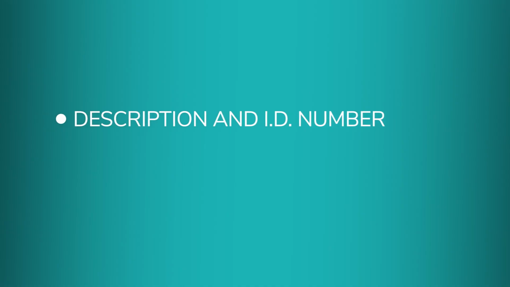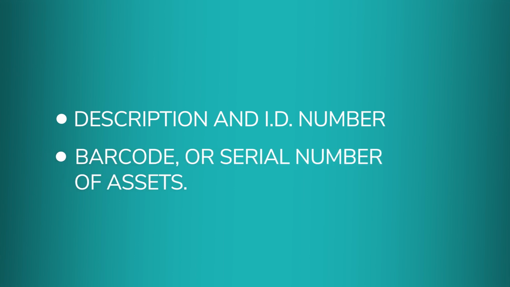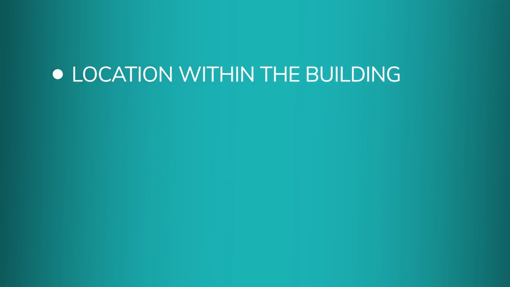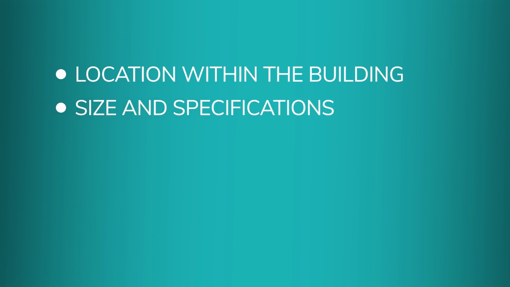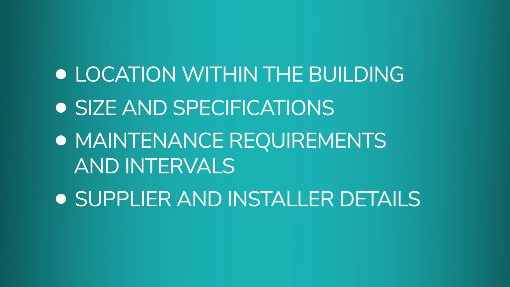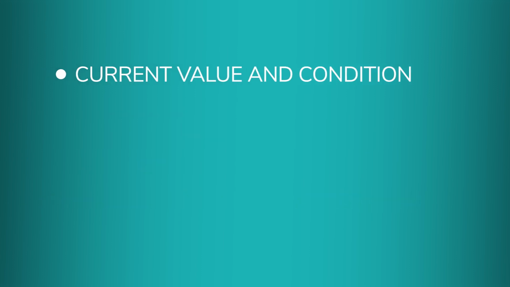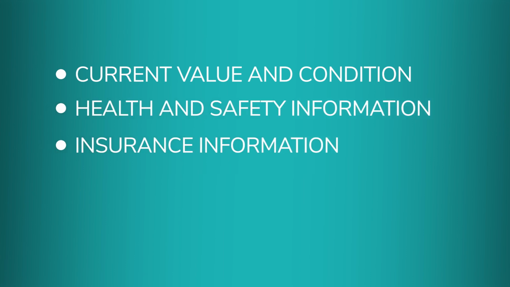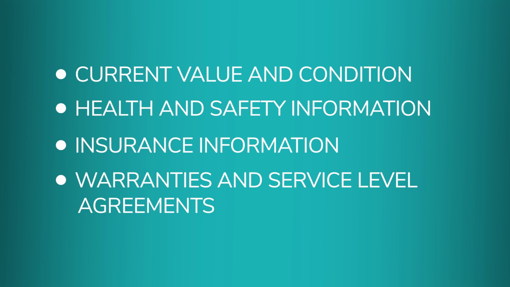You will need to collect the following information for each asset: description and ID number, barcode or serial number of assets, purchase information such as price, date, order number, location within the building, size and specifications, maintenance requirements and intervals, supplier and installer details, current value and condition, health and safety information, insurance information, warranties and service level agreements, the remaining life of the asset and the estimated resale value of the asset.